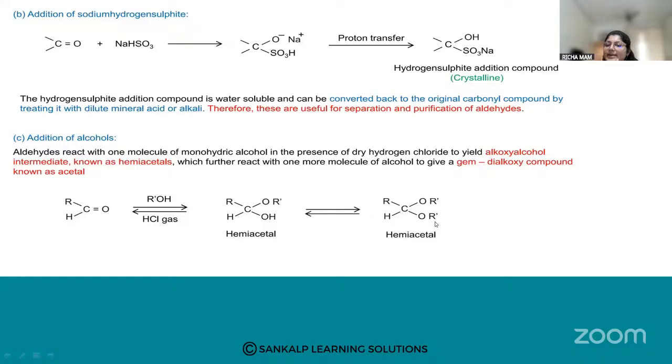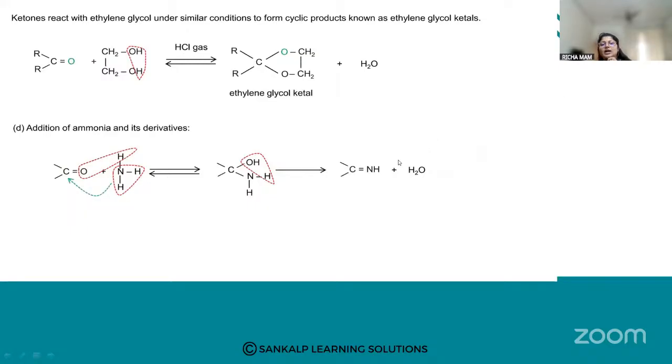So you get a gem-dialkoxy compound, commonly called an acetal. Then we saw the addition of ethylene glycol: a ketone reacting with ethylene glycol gives an ethylene glycol ketal.